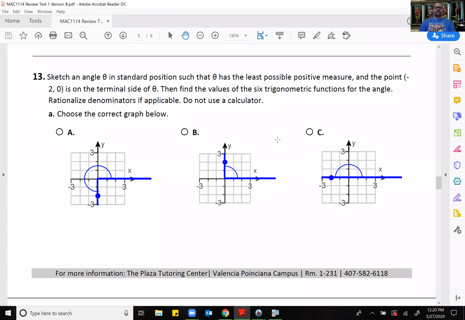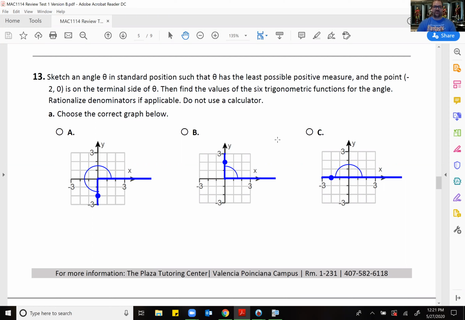So first things first, it says sketch an angle in standard position such that theta has the least possible positive measure and the point is -2, 0. So they want to know which graph down below has the point -2, 0 graphed and shows a counterclockwise rotation.